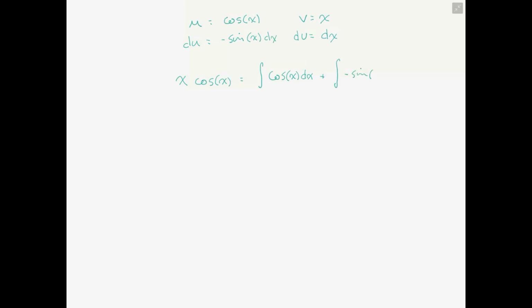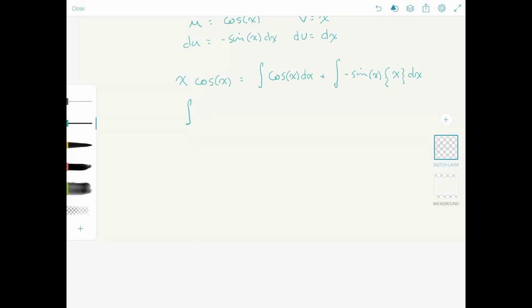And in this case, v du is x minus sine of x dx. And that's basically it. It comes down to rearranging the order of the integration and then doing the integral of cosine of x dx, which we know.